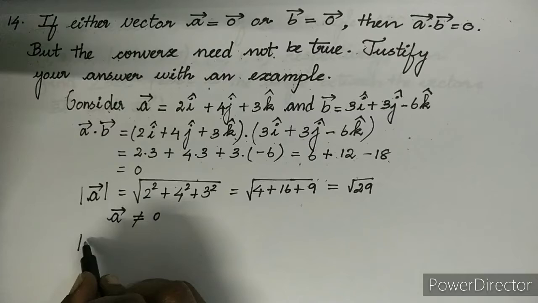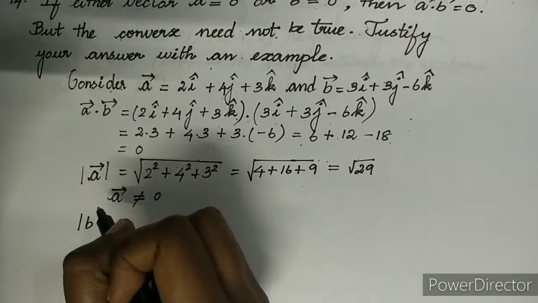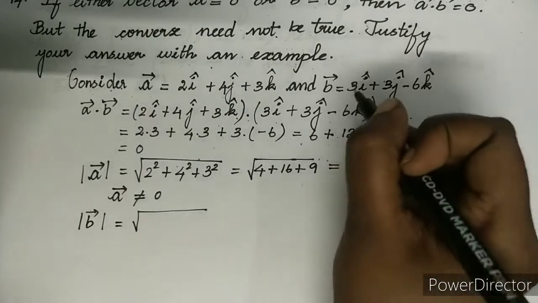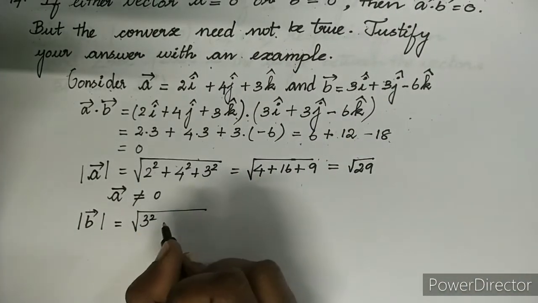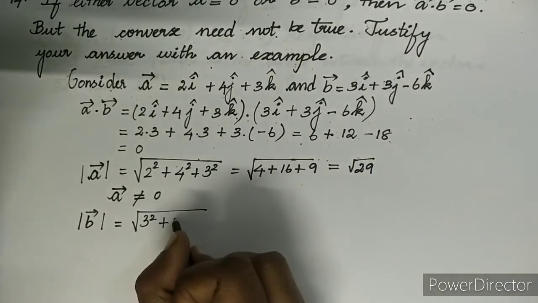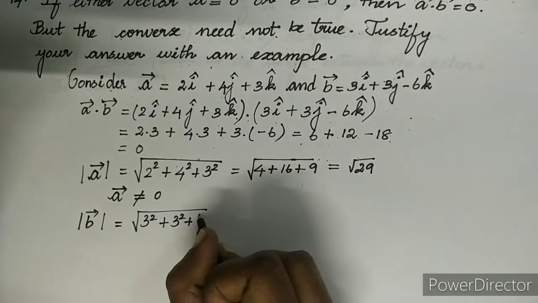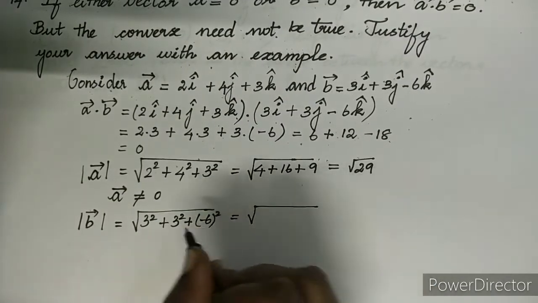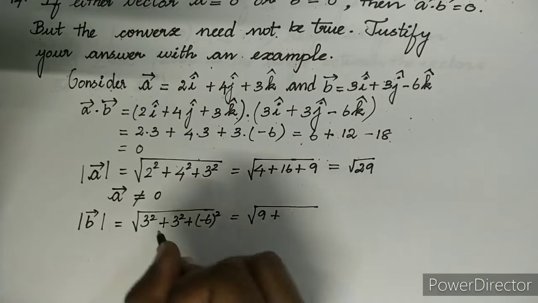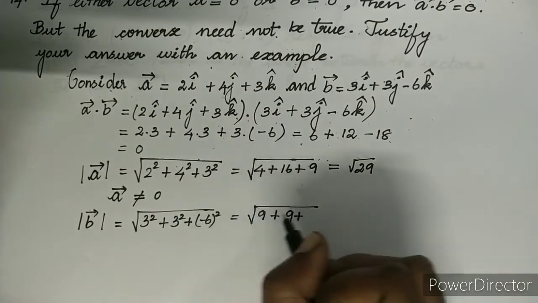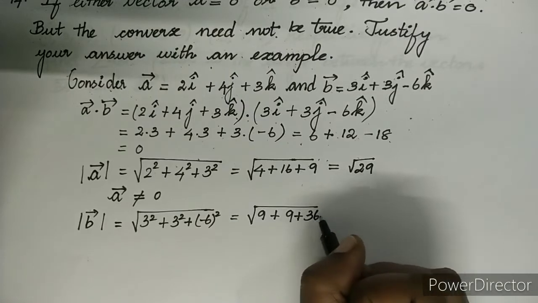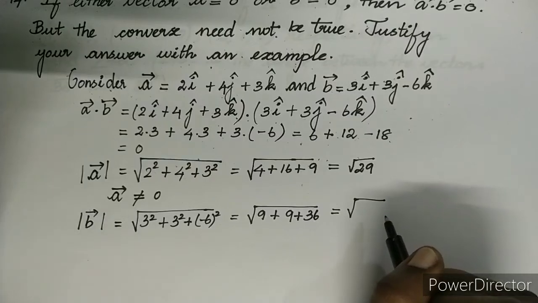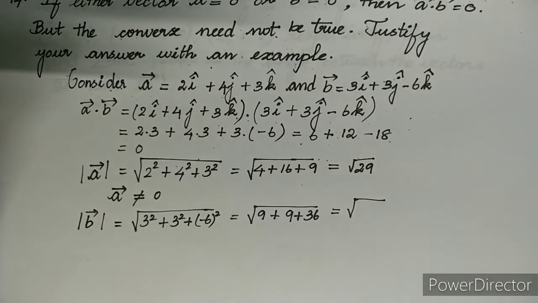And also we are going to find magnitude of B vector. Magnitude of B vector is equal to root of 3 square plus 3 square plus minus 6 the whole square, which is equal to root of 3 square 9, again 3 square 9 plus minus 6 the whole square is 36, which is equal to 9 plus 9 is 18, 18 plus 36 is 54.